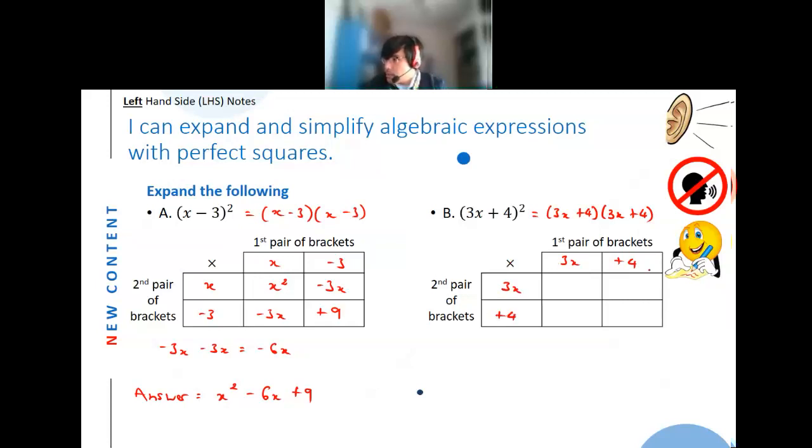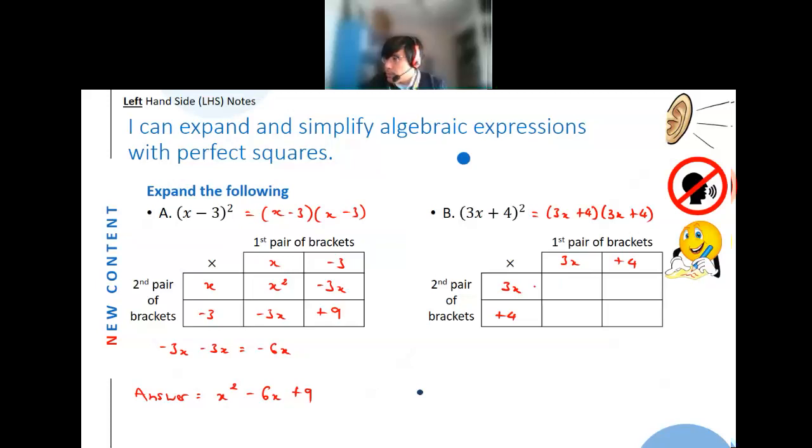We're multiplying the 3x plus 4 by itself. Right now the reason why I'm writing it out here is just to show you the reasoning behind it.